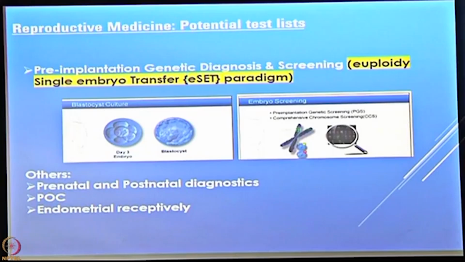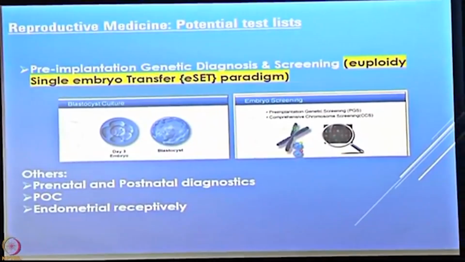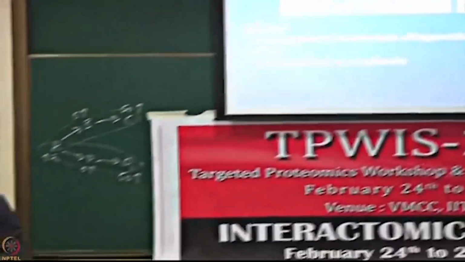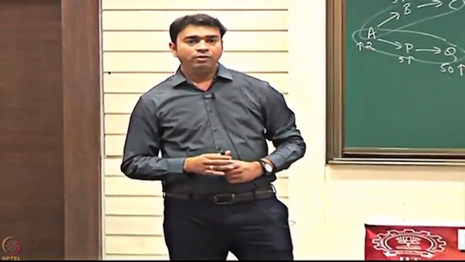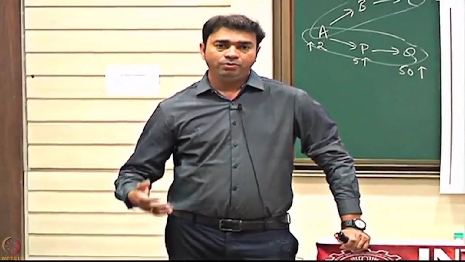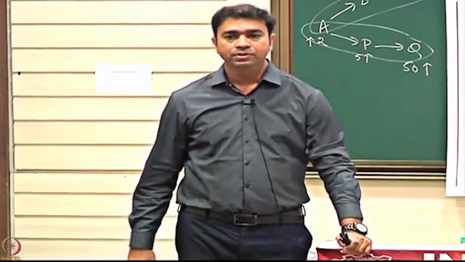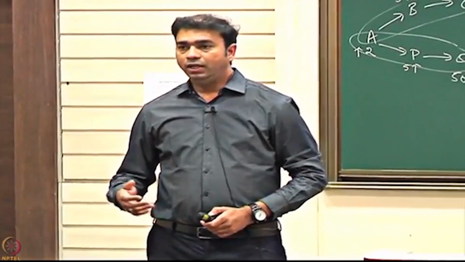So now I'm covering five slides from the IVF segment. In reproductive medicine, the most challenging part in IVF is aneuploidy in the embryos. Whenever couples go for IVF and do in vitro fertilization, about 70% of the embryos are aneuploid, right?